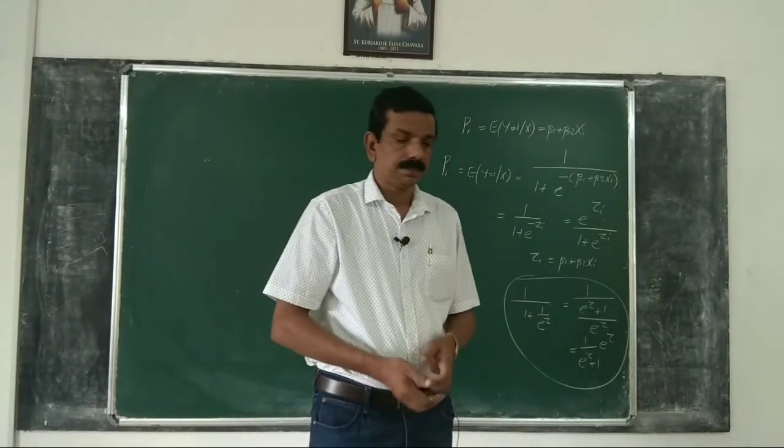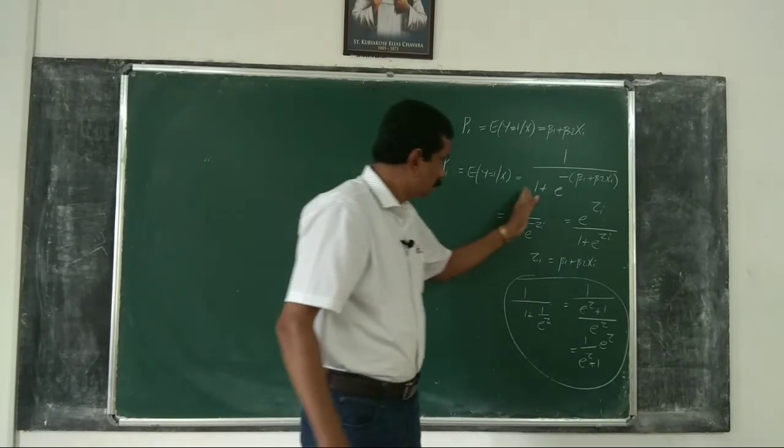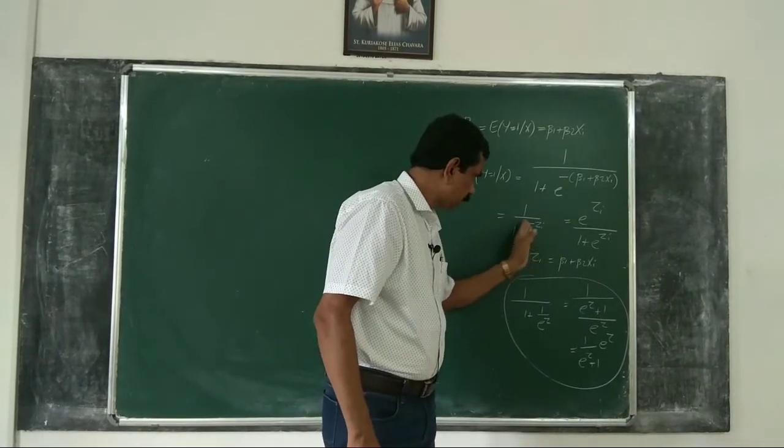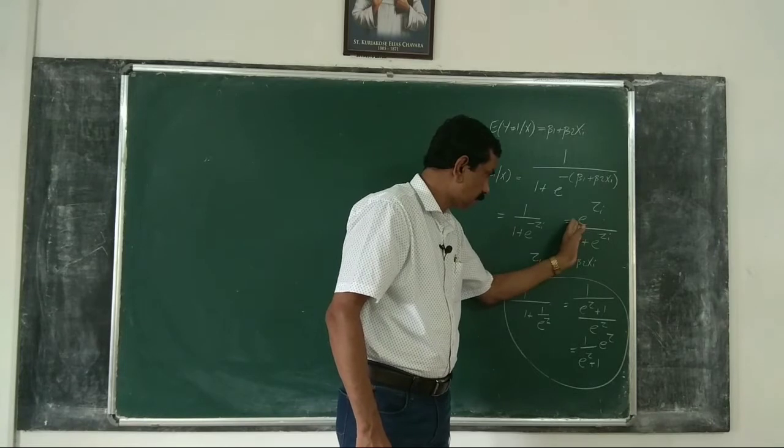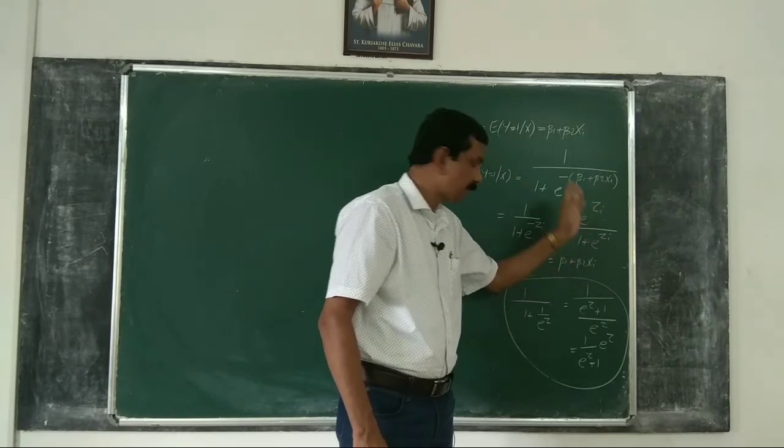So 1 by 1 plus e raised to minus z is equal to e raised to z by 1 plus e raised to z.